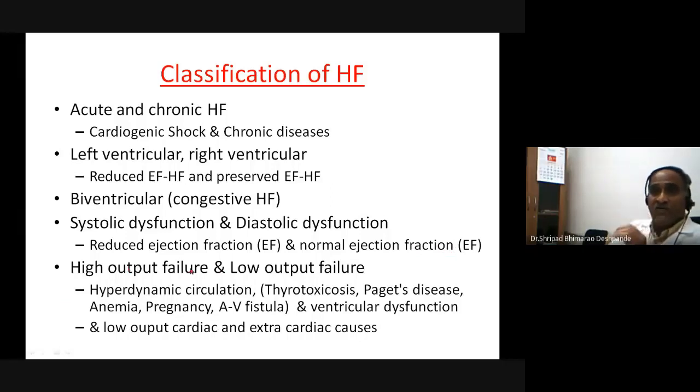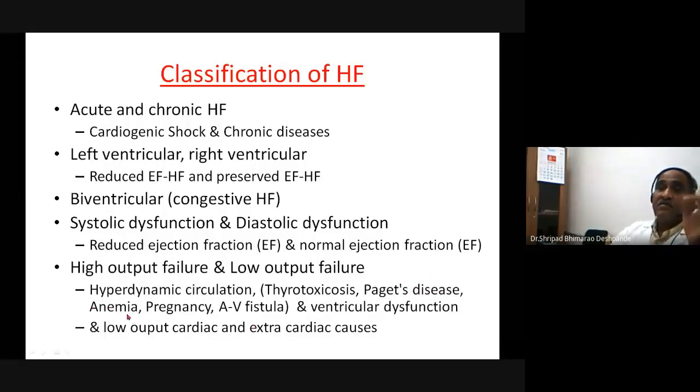Now, high output failure and low output failure. High output failure is seen in hyperdynamic circulation. I will repeat: thyrotoxicosis, where there is an increased hemodynamic circulation. Paget's disease is a bone disease, so that also increases the hemodynamic circulation.